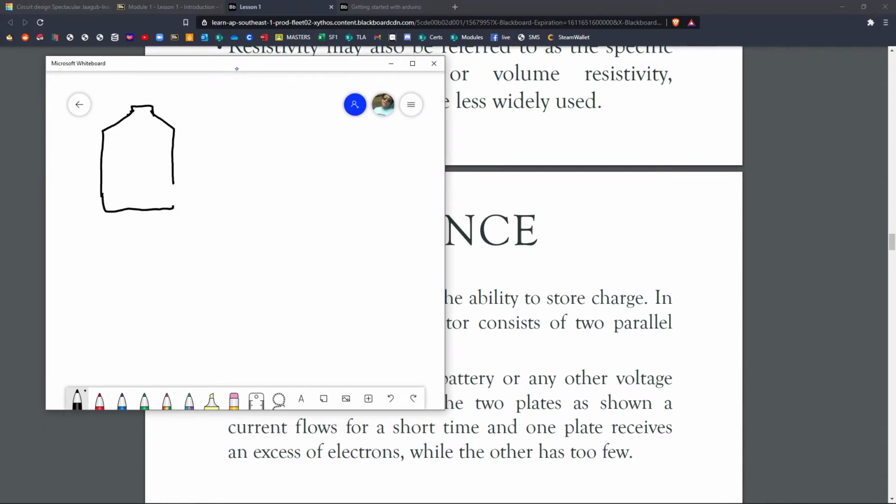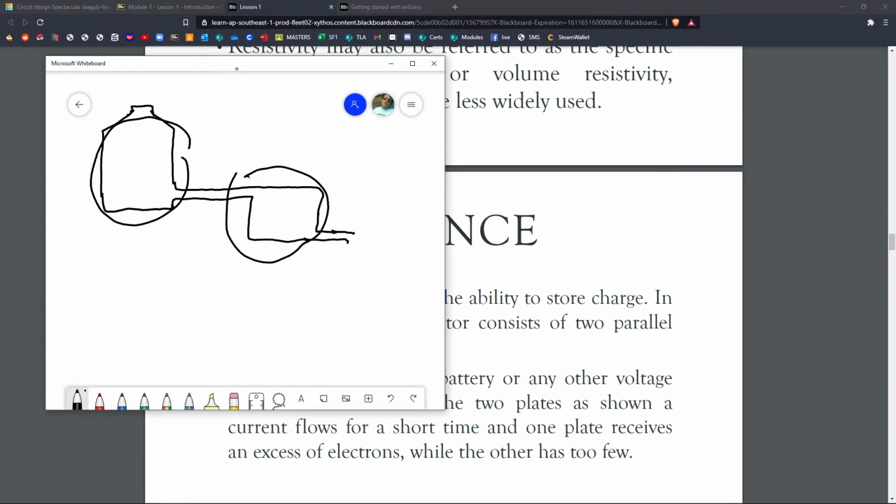So let's draw a reservoir here. So if this is a capacitor, this is a battery.